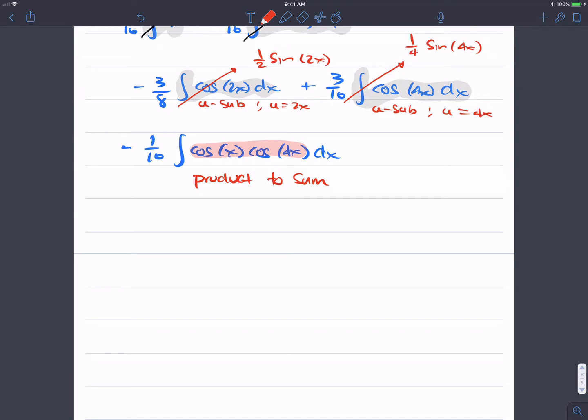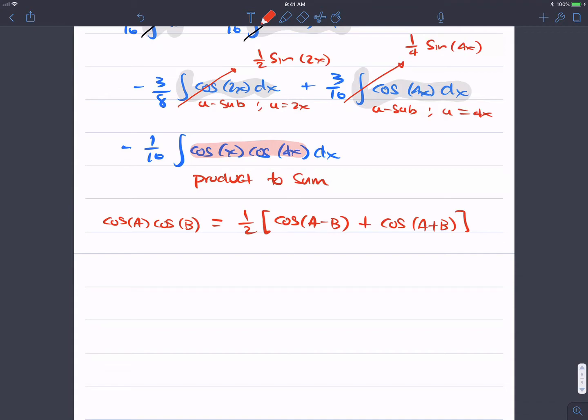So if we remember, cosine A times cosine B, here's a product, and that can be written as a sum. Cosine A cosine B is 1/2 cosine of the difference of A and B plus cosine of the sum of A and B. So here's writing a product as a sum.